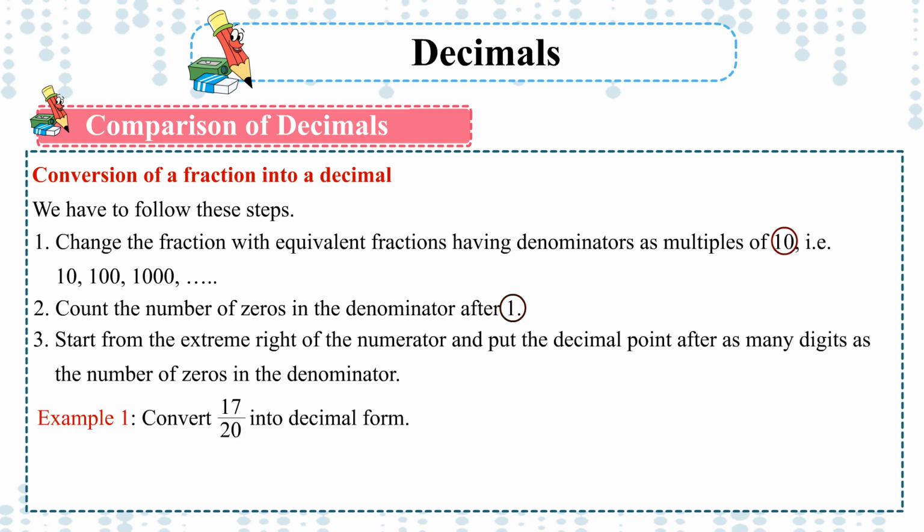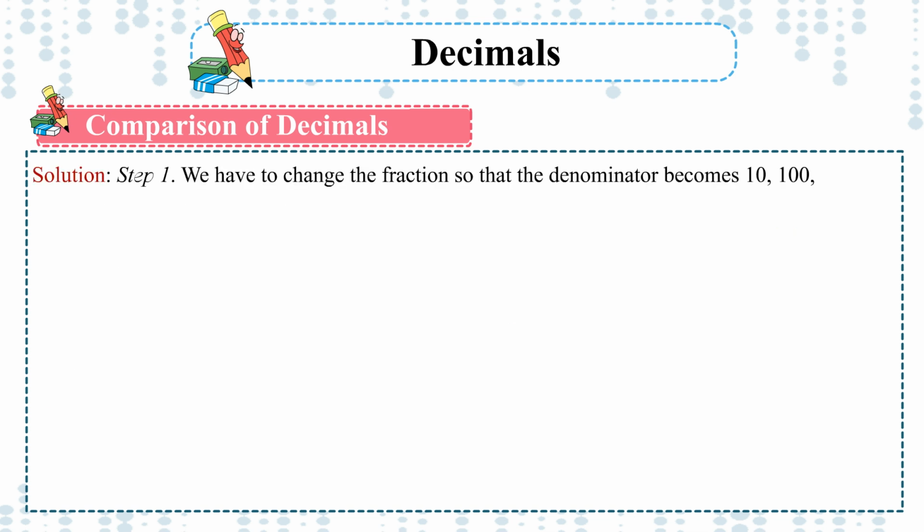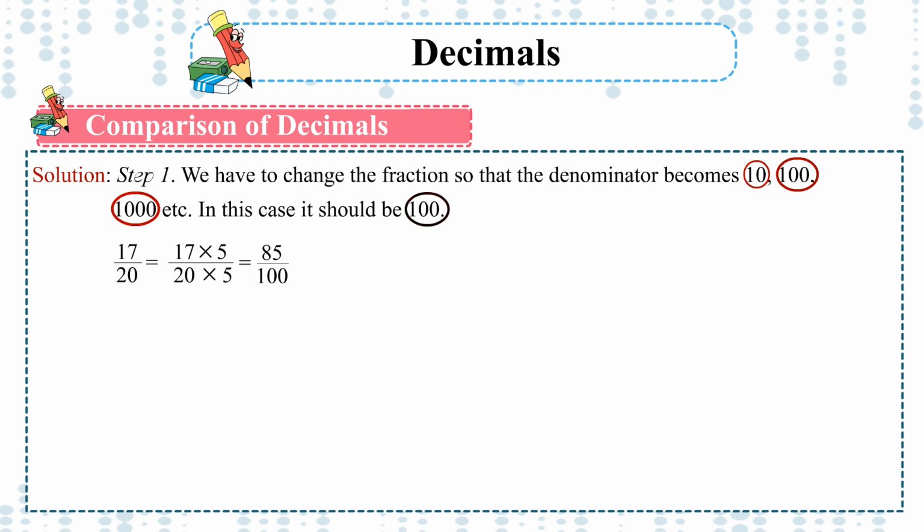Example 1. Convert 17 upon 20 into decimal form. Solution. Step 1. We have to change the fraction so that the denominator becomes 10, 100, 1000, etc. In this case it should be 100. 17 upon 20 is equal to 17 multiply 5 upon 20 multiply 5, is equal to 85 upon 100.